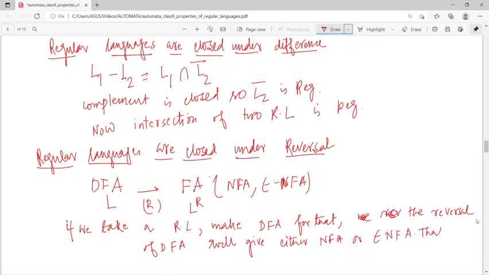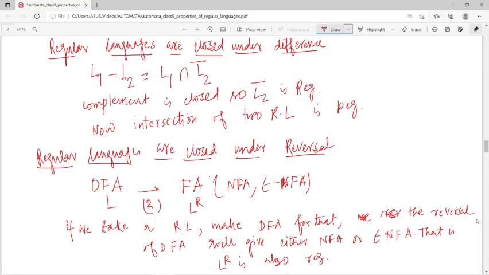That is, the reversal language is also regular, because for the reversal language we get an NFA or epsilon NFA, which means the reversal language is also regular. So that is the case.